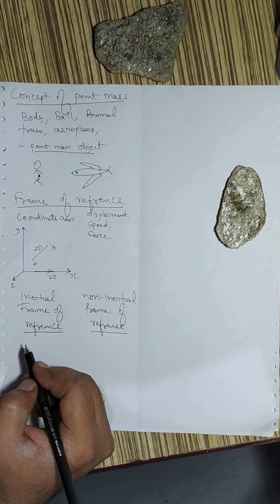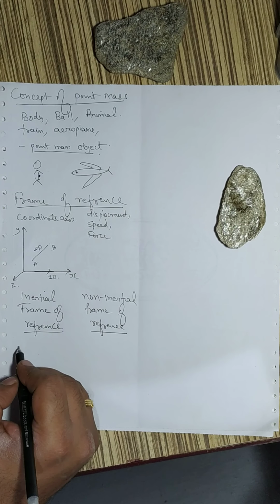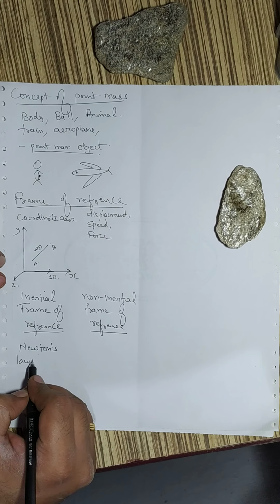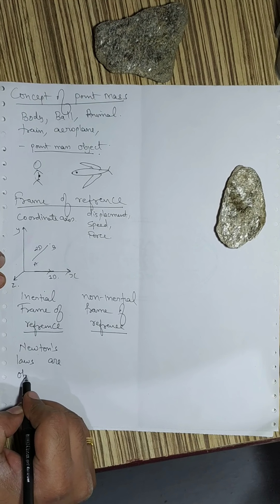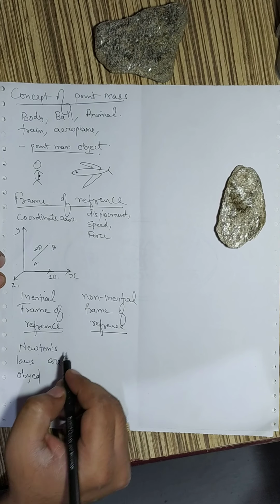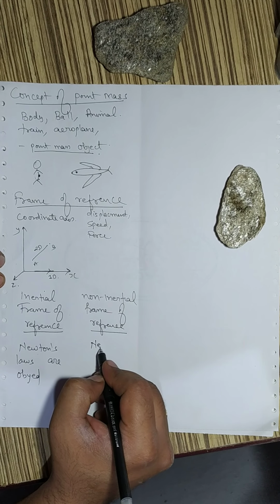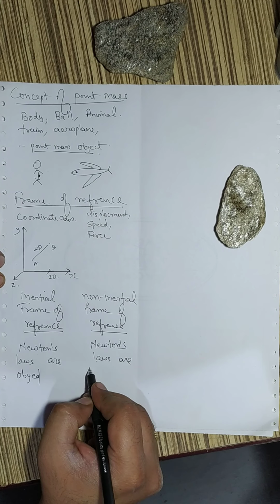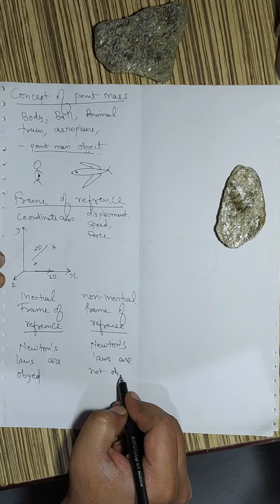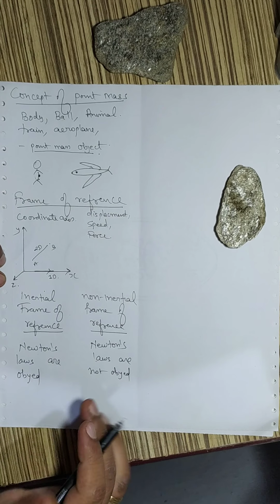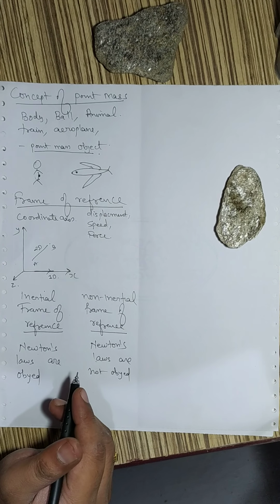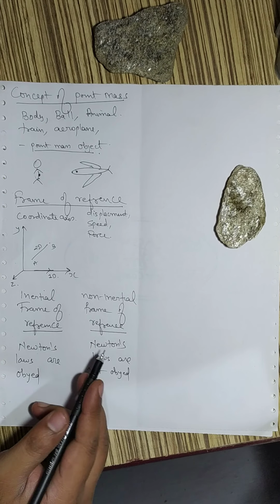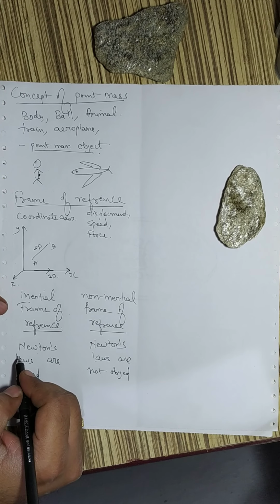The inertial frame of reference is one in which Newton's laws are obeyed, and the non-inertial frame of reference is one in which Newton's laws are not obeyed. When they are obeyed and when they are not, we'll discuss when we come to that chapter in detail. But I'll give you examples of inertial and non-inertial frames of reference.